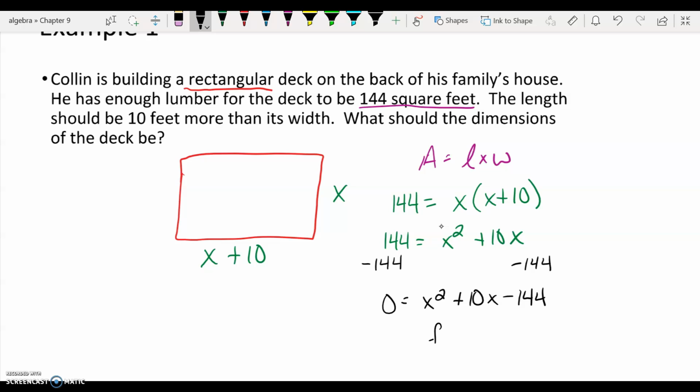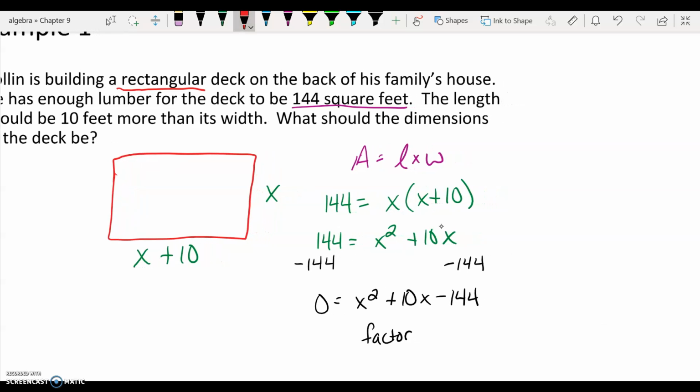If you look at this problem, I'm probably going to end up factoring. So I'm going to list the factors of negative 144. The smaller number is going to be negative because I have a positive in the middle.